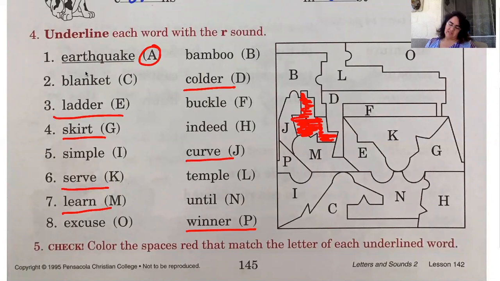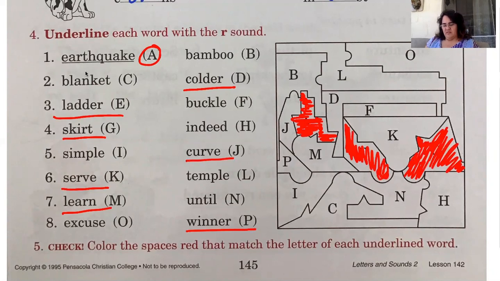Okay, let's go ahead then and color the spaces. What about the space? Where's the E? Let's color that red. What about the next one? What letter is it? G. Very good. And what about serve? What letter am I going to color for serve? The K. Very good, second graders. Learn.